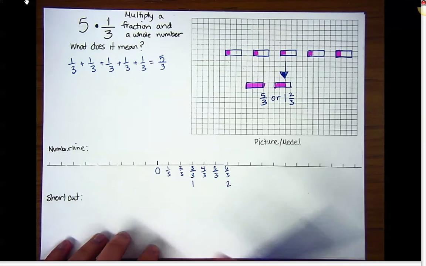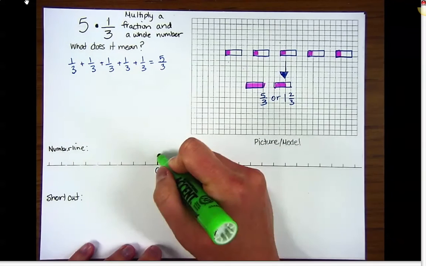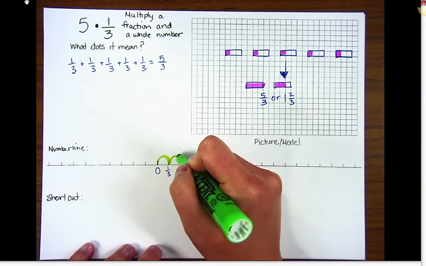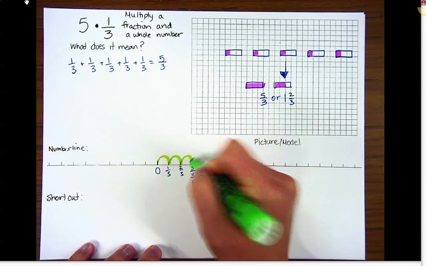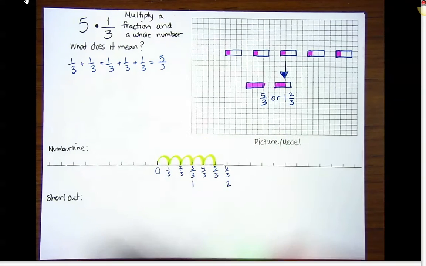Now I want to look at actually counting by 1/3. So I'm going to count by 1/3, and I'm going to do this 5 times. 1, 2, 3, 4, 5.